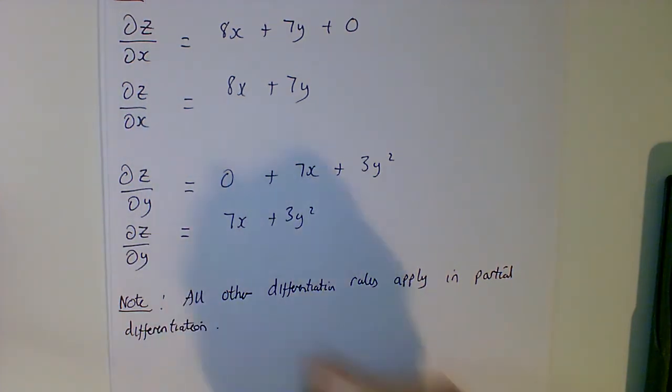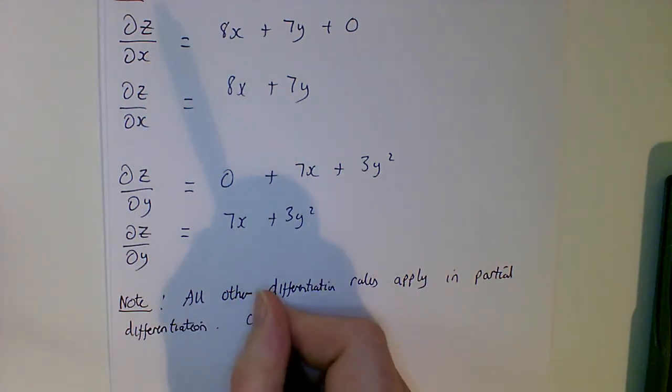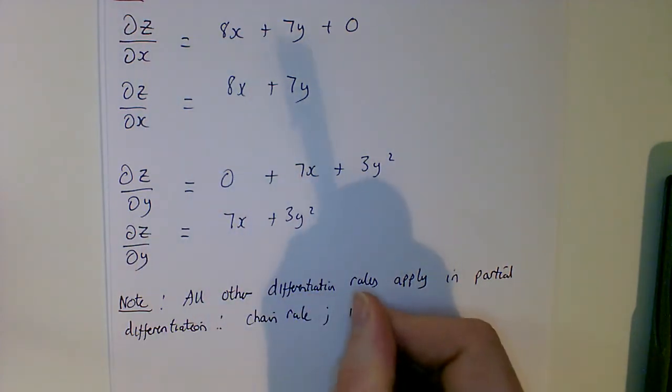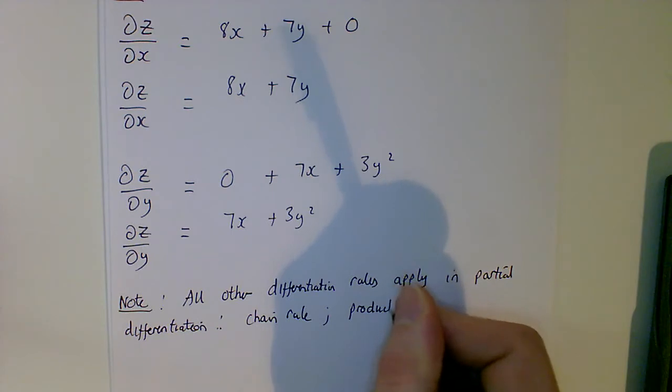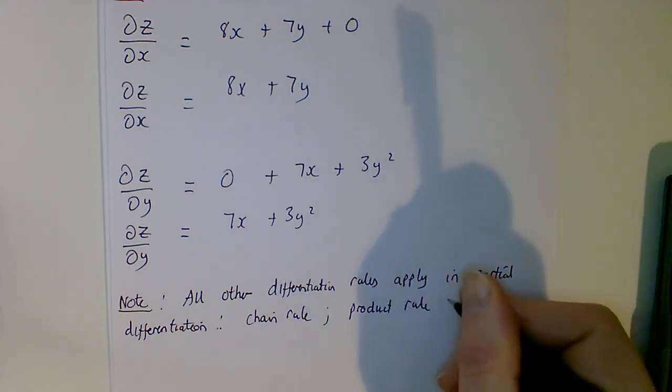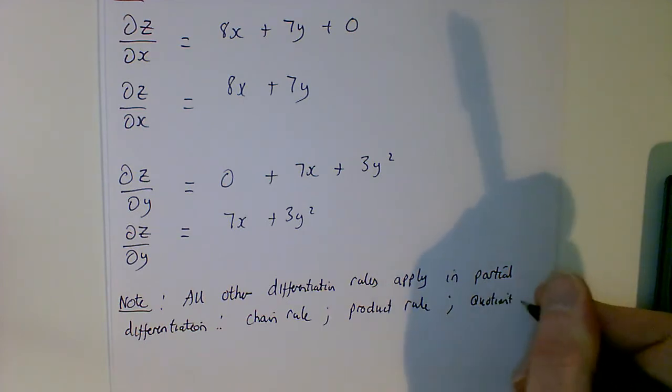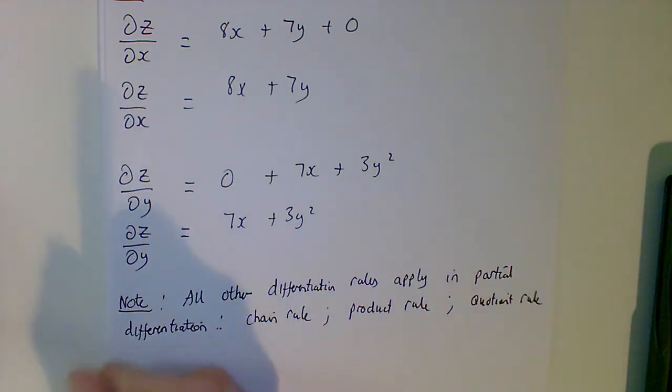So that means we've got chain rule, product rule, quotient rule, parametric.